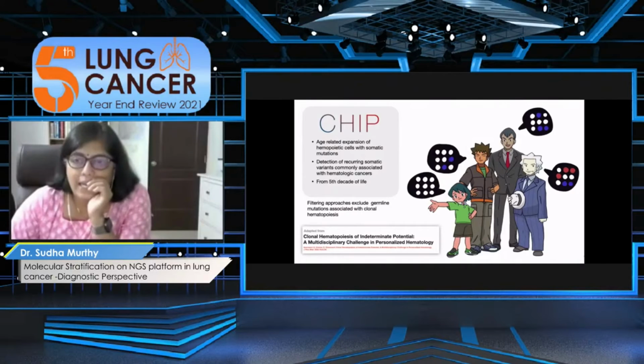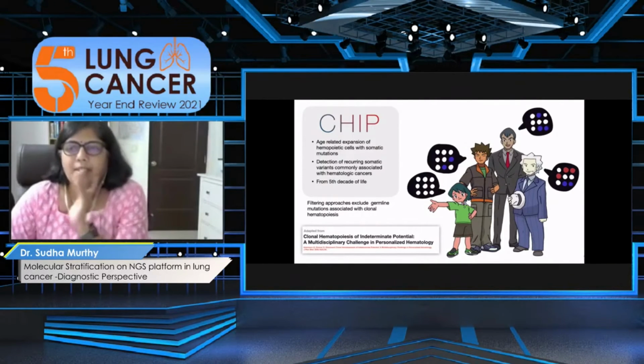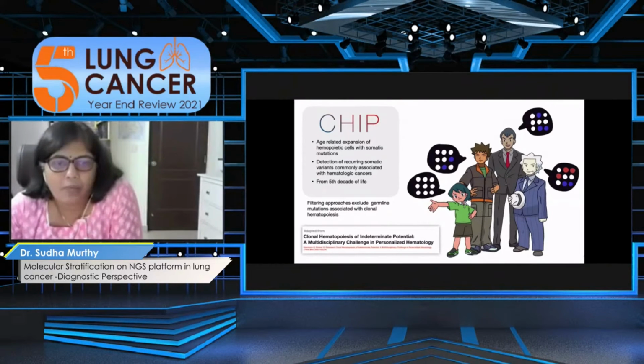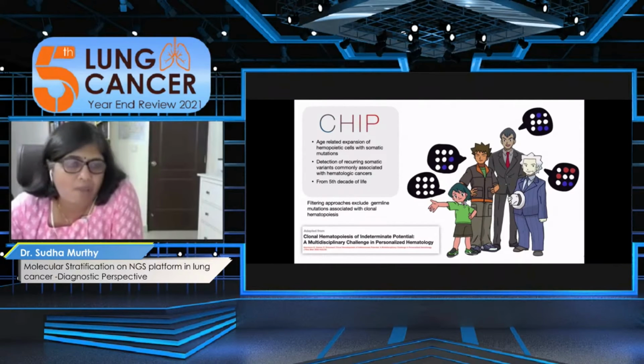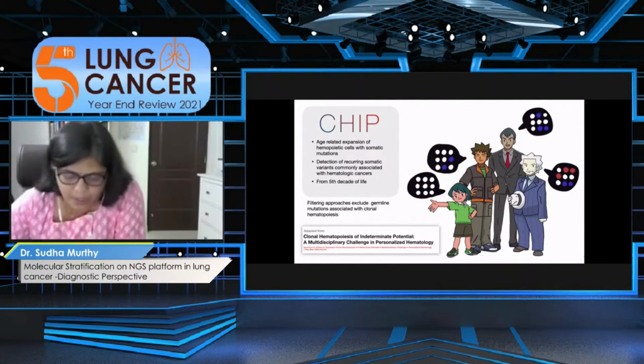And as we age, that is after 55, 60, we start to see these somatic mutations, which might be confused with circulating tumor DNA when we are doing an assessment on the liquid biopsy. So our filtering approaches on NGS should exclude these germline mutations associated with clonal hematopoiesis. This is a very important factor we need to be cognizant about when we are talking of liquid biopsies.